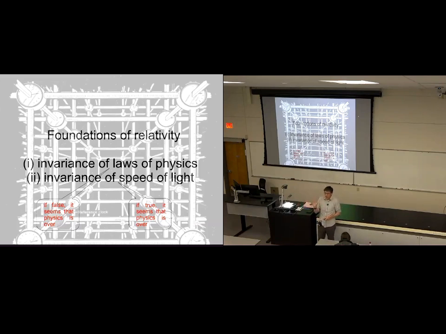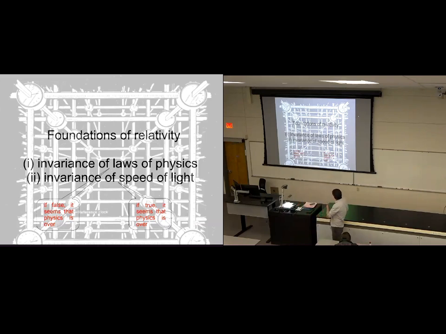The second one is the reverse. The invariance of the speed of light, constancy of the speed of light, if that were true, that would seem really weird to us. How could the speed of light be constant, seen as the same value by all observers? It would be really, really strange if this was true.